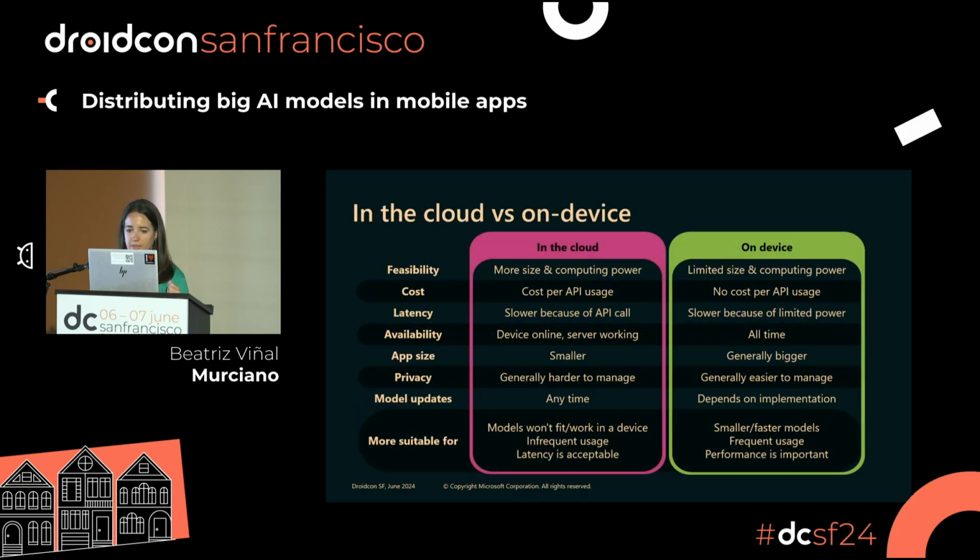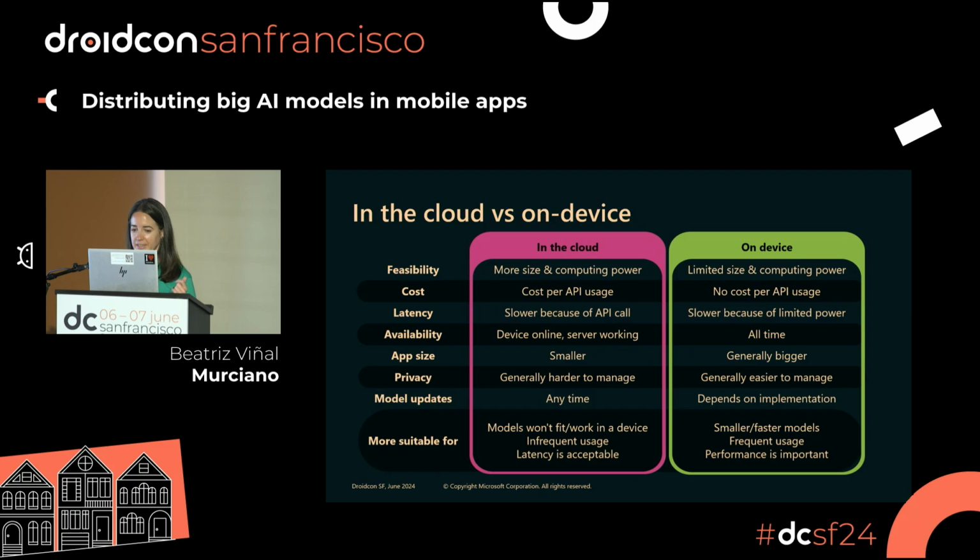So putting this together, when you have to choose between on-device or in the cloud, first of all, check if you really have an option, because maybe the model doesn't run on device and then it has to be in the cloud and you have to pay for it. If you do have a choice, consider other aspects. Usually the most important ones are how much is it going to cost in the cloud?